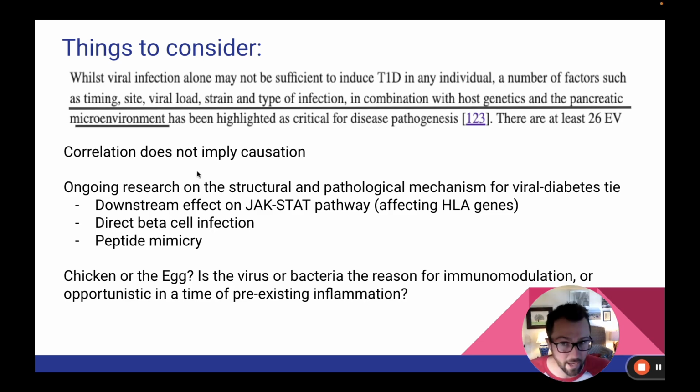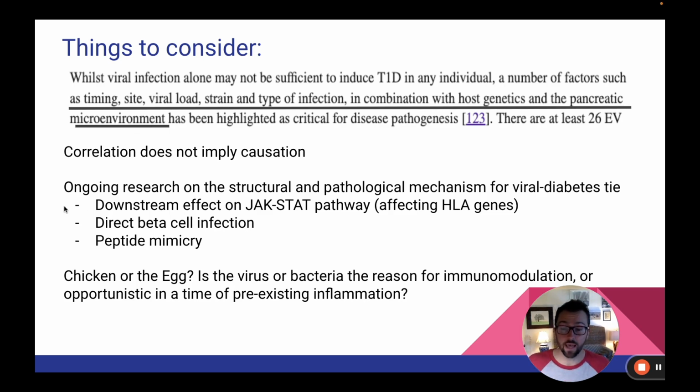So that's to say that the authors of this particular paper are saying maybe it's not just the virus itself, it's the virus being the straw that broke the camel's back amongst a sea of other straws, things like the timing, right, in time with the seasons, the change of the seasons, the type of infection.